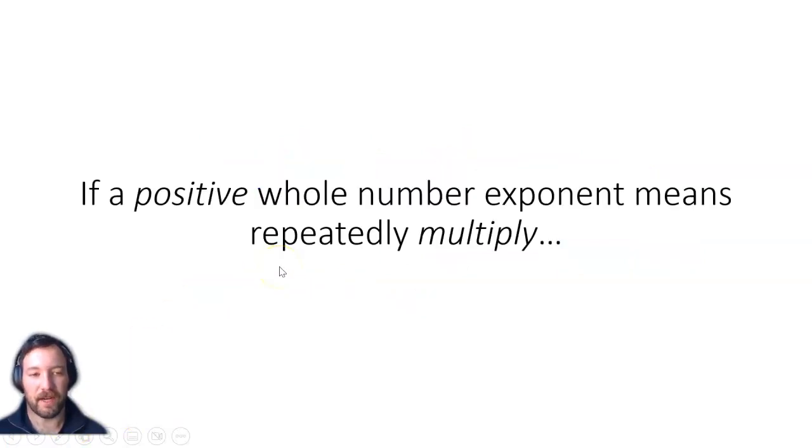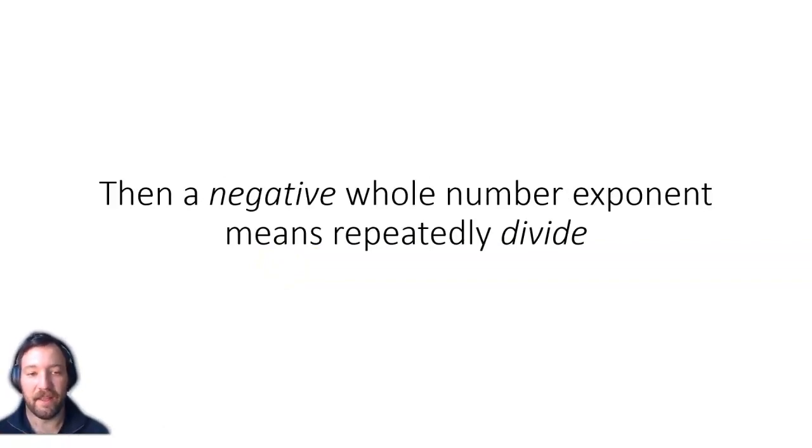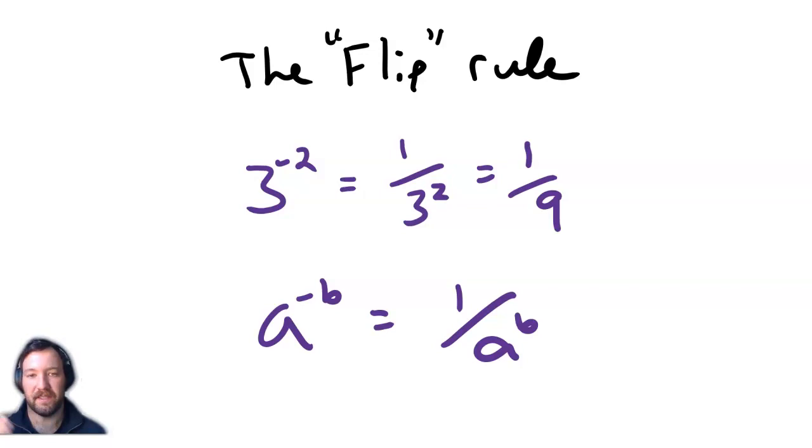To summarize, if a positive whole number exponent means repeatedly multiply, then a negative whole number exponent means repeatedly divide. It's just keeping that symmetry. Now, in a textbook or a previous class, you might have learned what a teacher or textbook might call a flip rule: if you have 3 to the negative second power, you can flip it to the bottom of the fraction and make it positive.